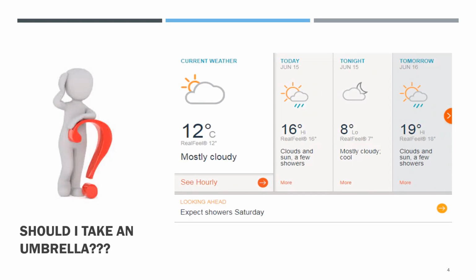Based on this data, we come to a certain conclusion: okay, yes, it's going to rain, I will bring an umbrella. Likewise, those are some basic practical ways that we use statistics in our day-to-day life.